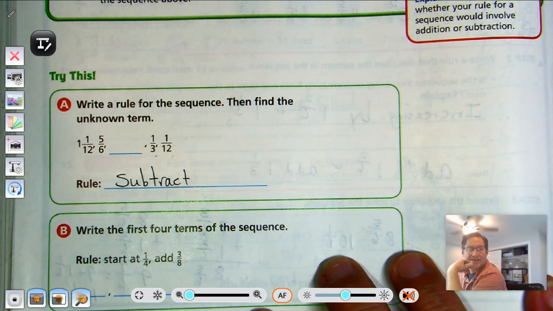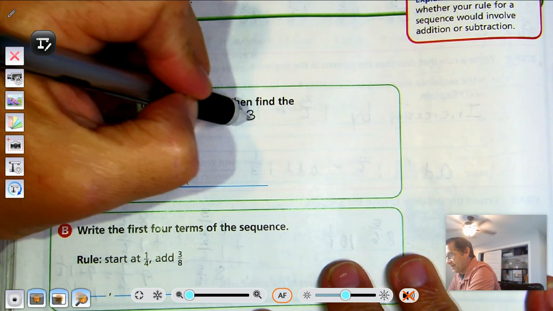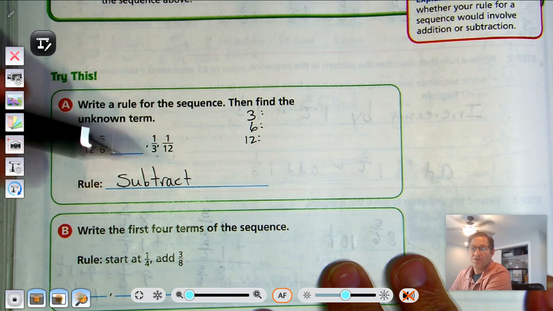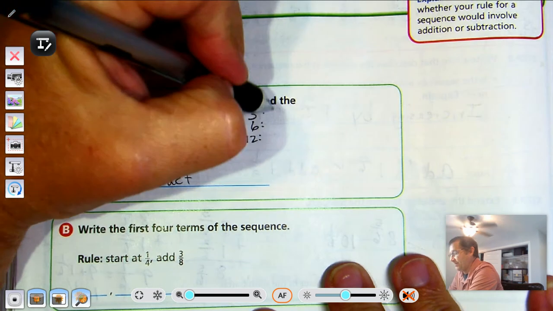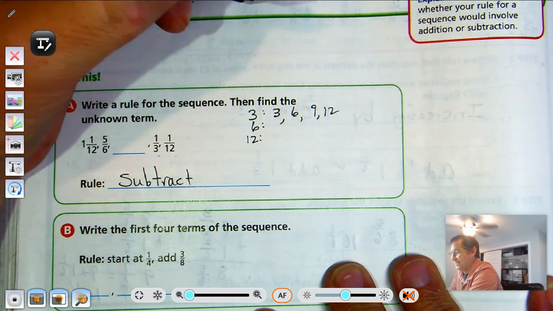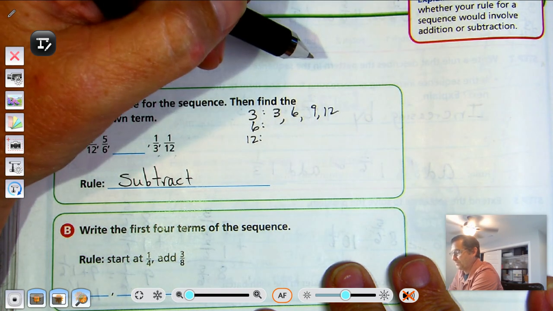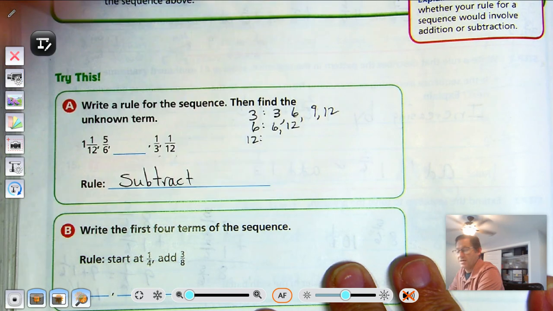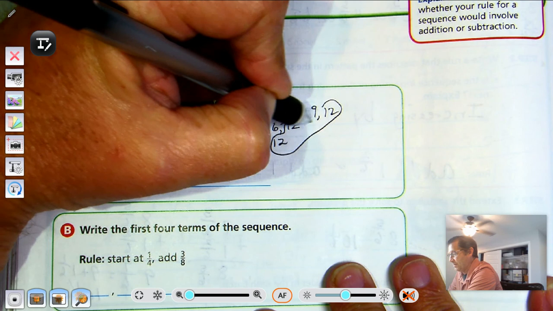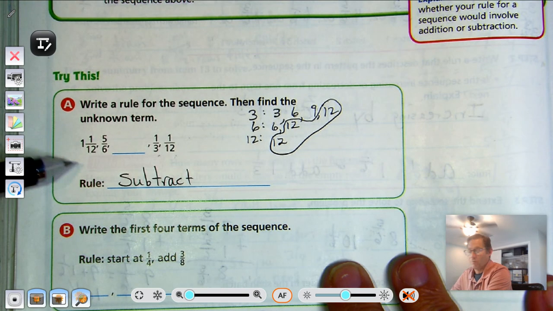So let's see. We need a common denominator of 3, 6, and 12. We should notice what it is right away, right? But let's put it a list just in case. 3, 6, 9, 12. Well, 6 can become 12, and 12 already is 12. So we're going to turn these into 12s.